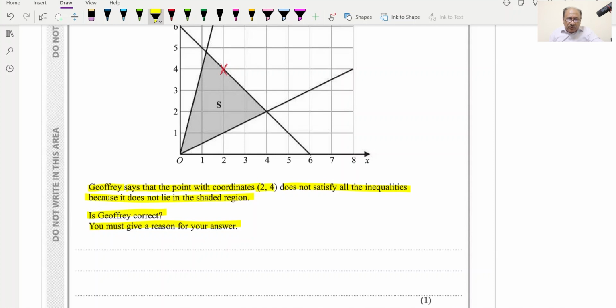So the reason is that points on the boundary line are included.